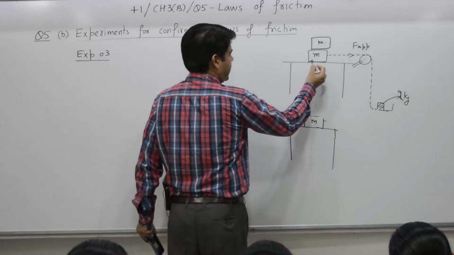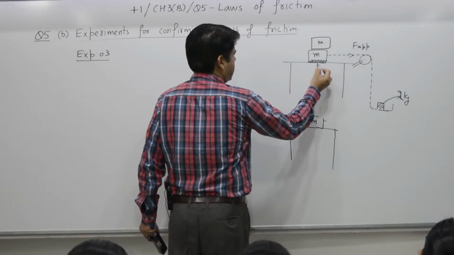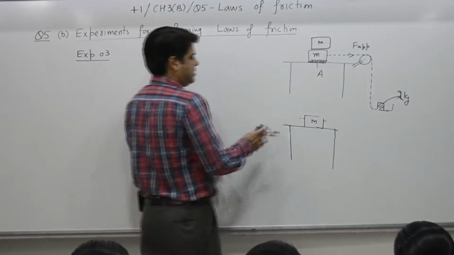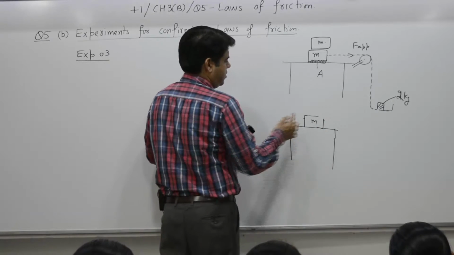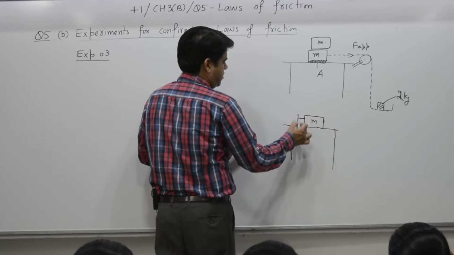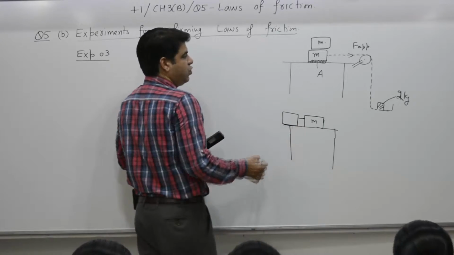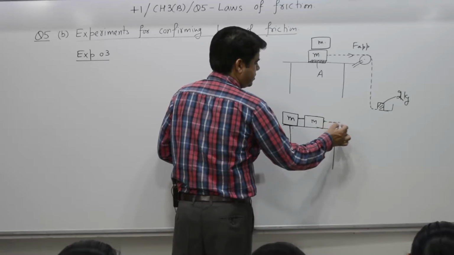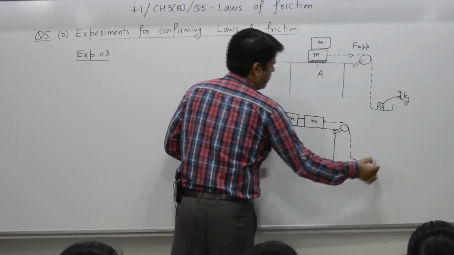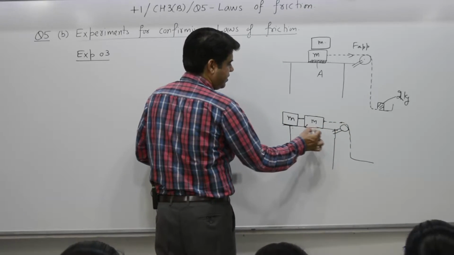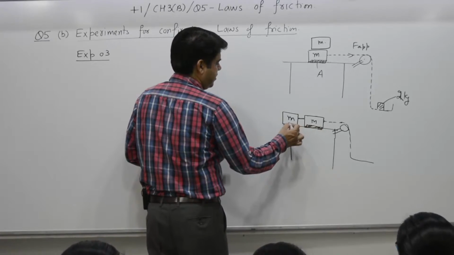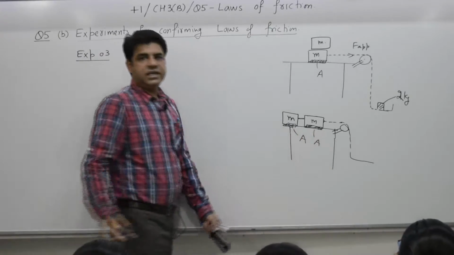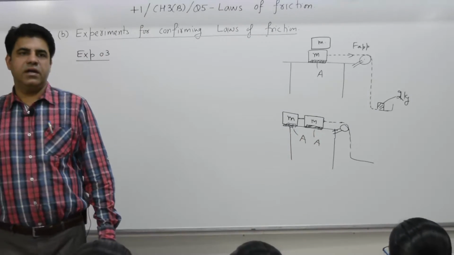There is some area in contact, A. Now the arrangement is, there are 2 masses connected by a string and the string passes over the pulley. Now the area in contact is A plus A. Area in contact in the second case is how much? 2A.